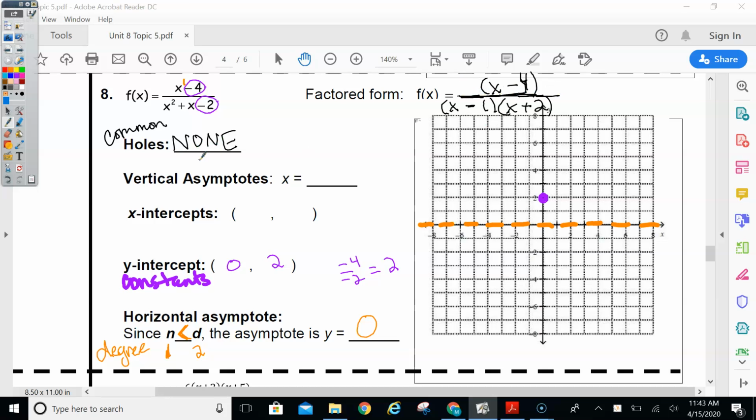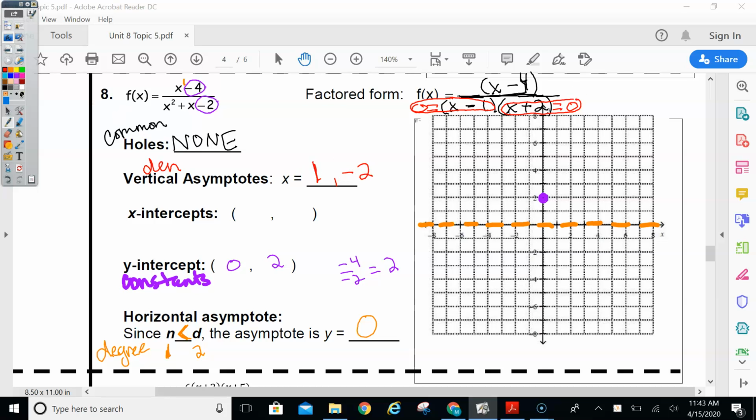So there's no holes. That means anything that's left in the denominator is a vertical asymptote. So this factor equal to 0 is a vertical asymptote at +1, and this factor equal to 0 is another vertical one at -2.